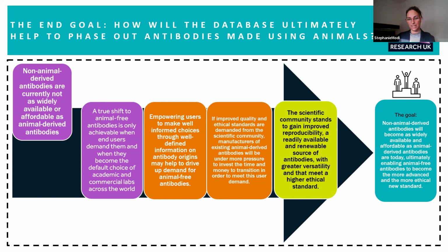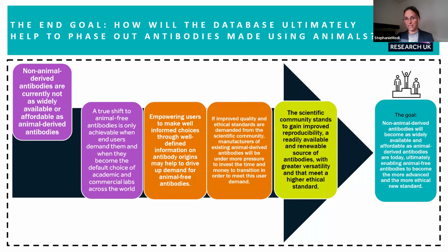So if improved scientific quality from recombinants and ethical standards are demanded from the scientific community, then manufacturers will be under more pressure to invest the time and money to transition to meet the user demand. So we really need the scientific community to place this pressure on, and the scientific community stands to benefit through reproducible and renewable sources of antibodies which have greater versatility and also meet a higher ethical standard.